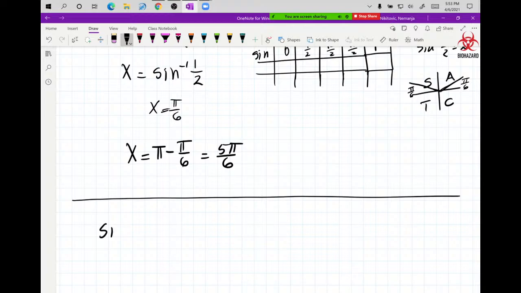But what if I ask the same question, but this time I do not put the restriction? And you know that the domain of sine function is negative infinity to positive infinity. Well, all of a sudden your solution 0 to 2 pi is nowhere near the actual number of solutions.